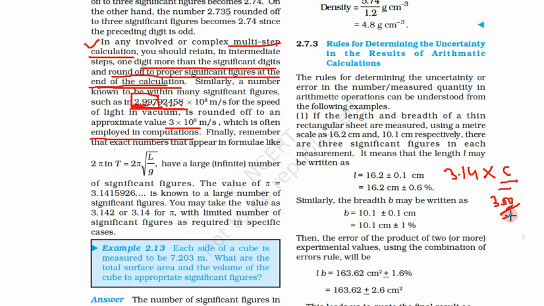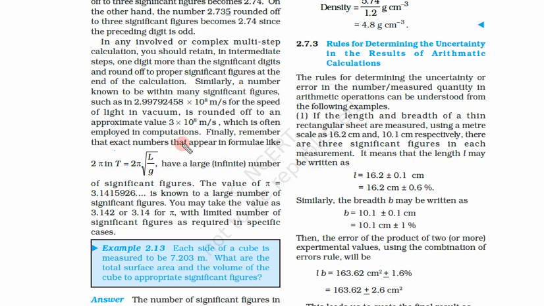That's why it is given as 3 into 10 to the power 8. And we must remember that if any value is given, there is an infinite number of significant digits associated. If we are calculating, we take the significant digits as far as we need. Suppose we need the first 5, we take the first 5. If we need 6, we take the first 6 significant digits.